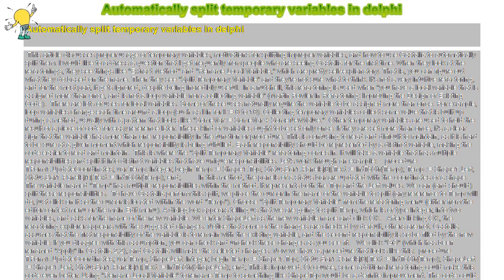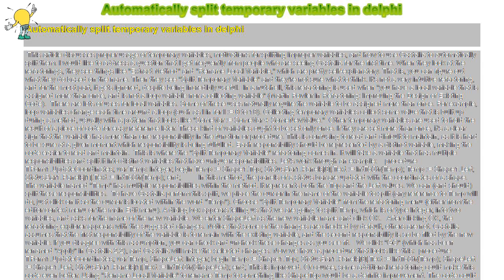Other temporary variables are used to hold the result of a piece of code for easy reference later. These kind of variables ought to be set only once.